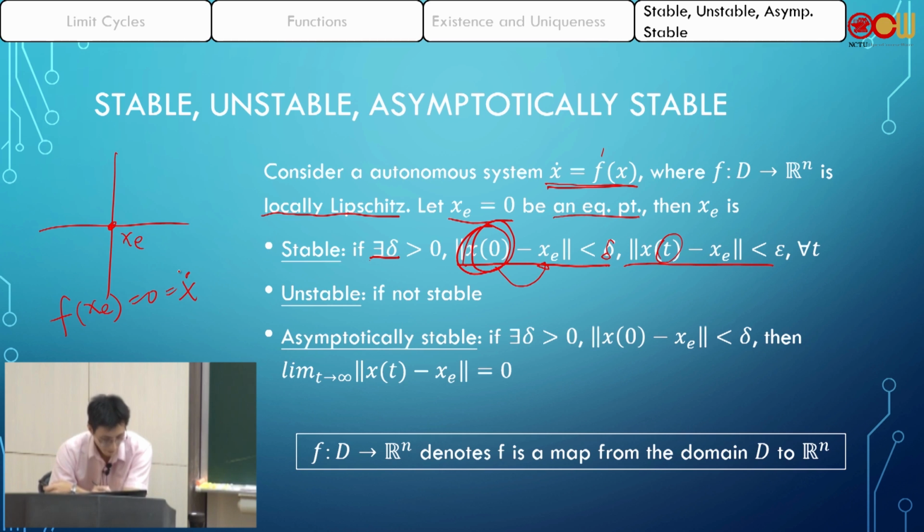So given the equilibrium point, say here, and you have some initial condition x0. Then the trajectory may go like this, but after some time t, x(t) is here. After some time t, this distance is still bounded, smaller than epsilon. Then we call it stable.